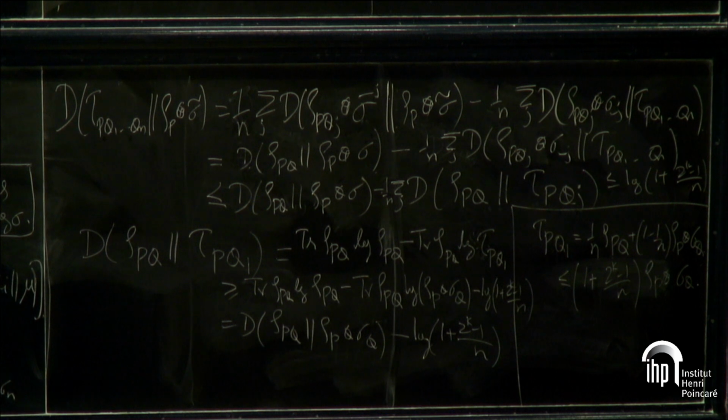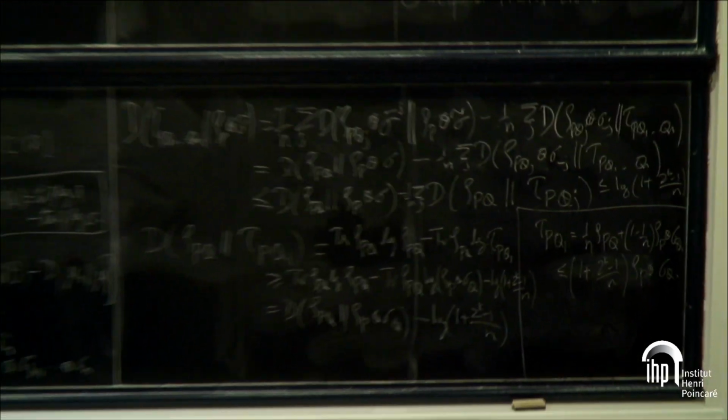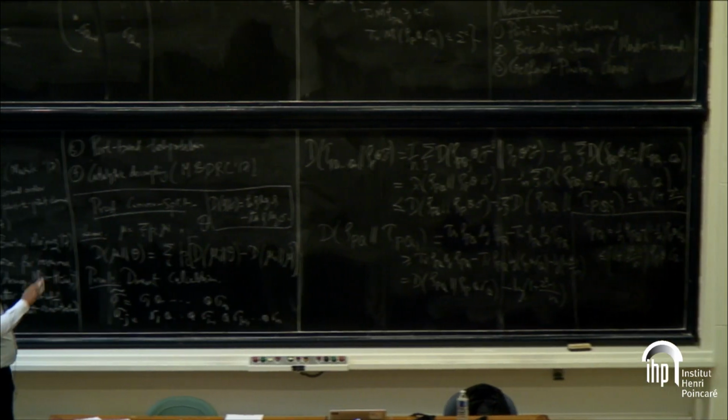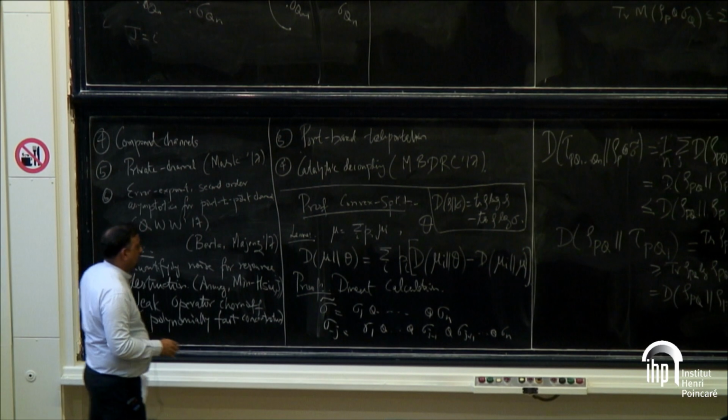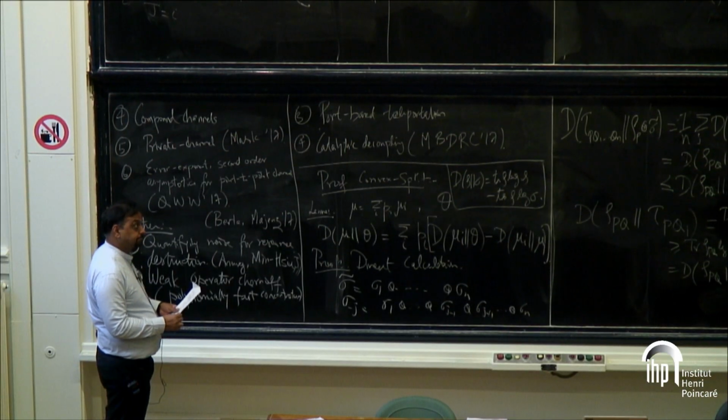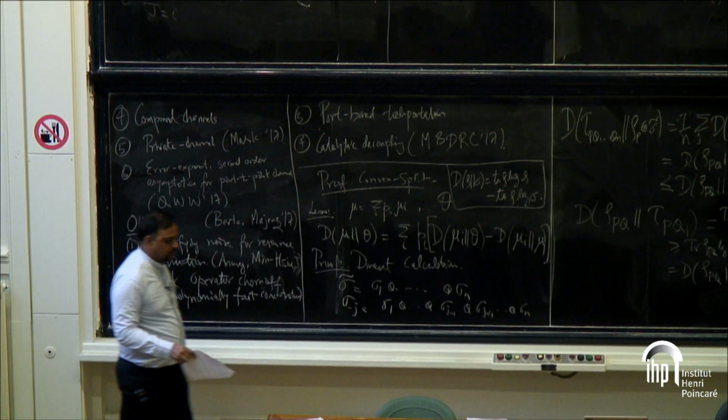Yeah, so the proof is relatively simple. It just follows from the data processing for relative entropy, and the operator monotonicity of log, okay, and more or less direct calculations. Okay, so that does that.